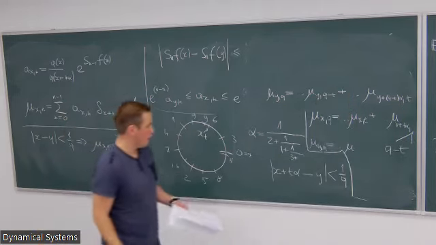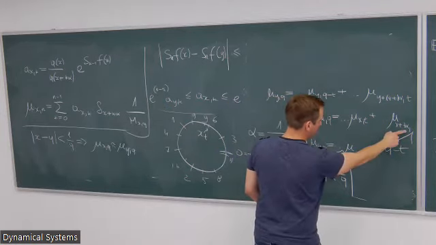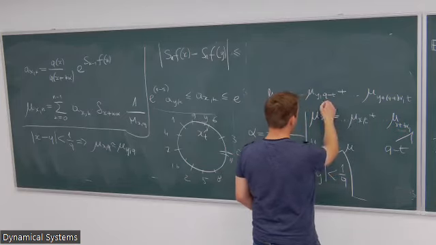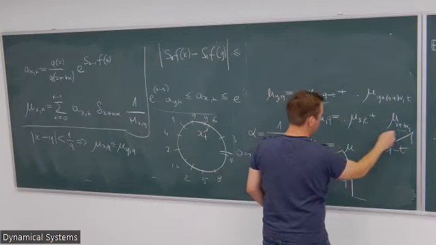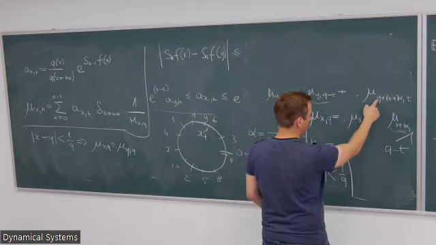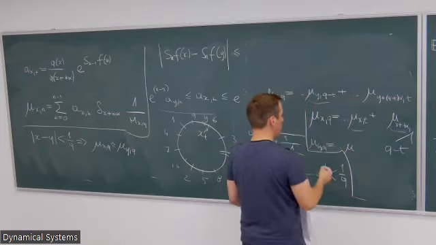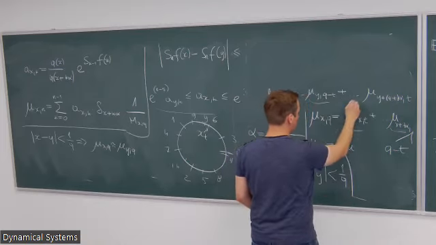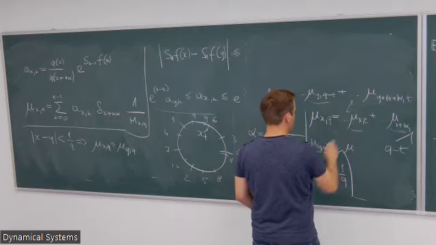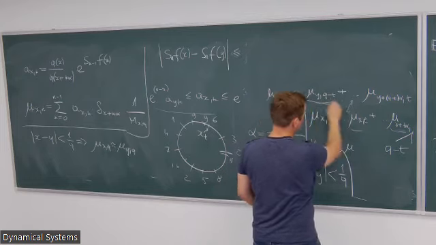And now, because y is close to x plus t alpha, we know that this measure is close to this measure. And because x is close to y plus q minus t alpha, we know that this measure is close. So we only need to deal with comparing these coefficients here. This coefficient that appears here should be close to this here, and here is the same.